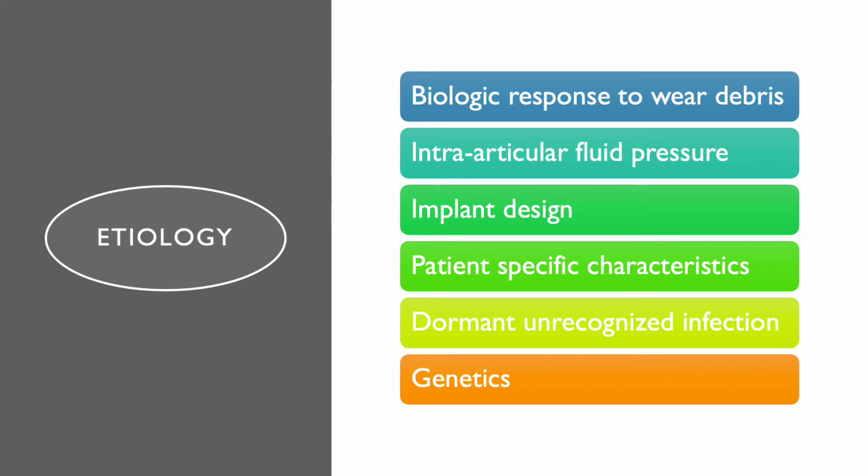Biologic response to wear debris, intra-articular fluid pressure, the implant design, specifically the low-profile implants, characteristics that are specific to the patient, unrecognized infections, and genetics certainly potentially play a role in aseptic loosening.